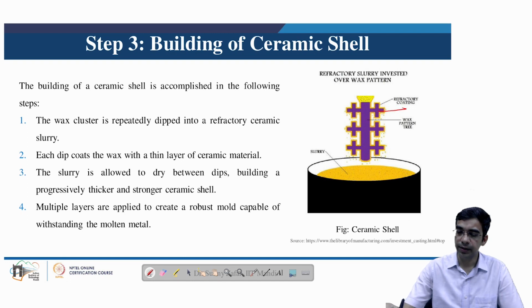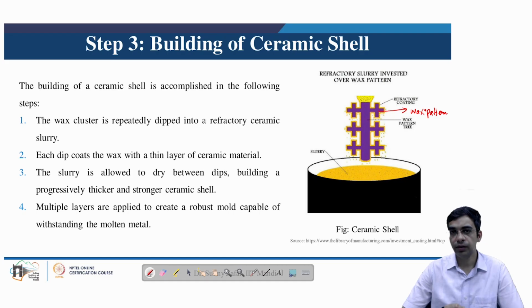Inside, in this purple, is the wax pattern, and this yellow color is the coating of the ceramic which is developed around the wax pattern. The slurry is allowed to dry between the dips so that we are able to build a progressively thicker and stronger ceramic shell.